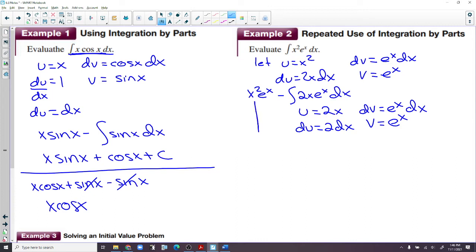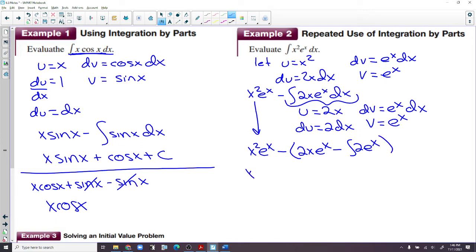So we bring this with it, x squared e to the x, minus, all right, now we're doing the whole process just on this. So u times v is 2x e to the x minus integral of 2e to the x. And now that we have that as a constant, now we can actually take the antiderivative.